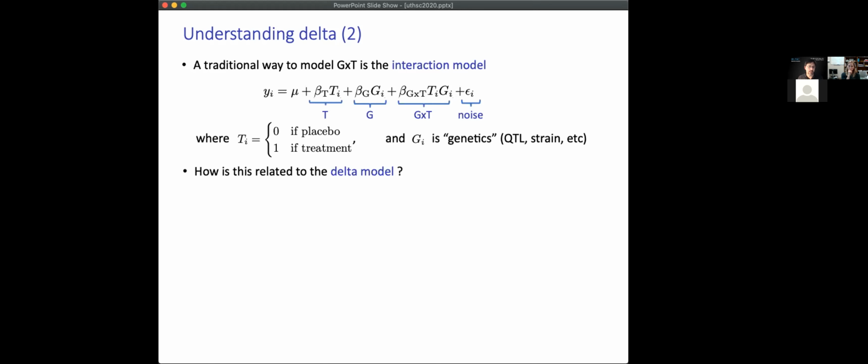It's sort of interesting to see how you can relate that G by T interaction model to the delta model.